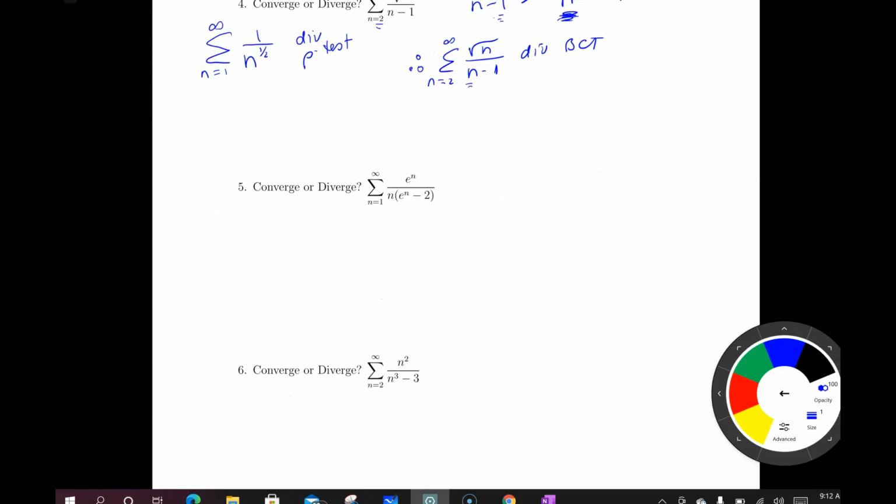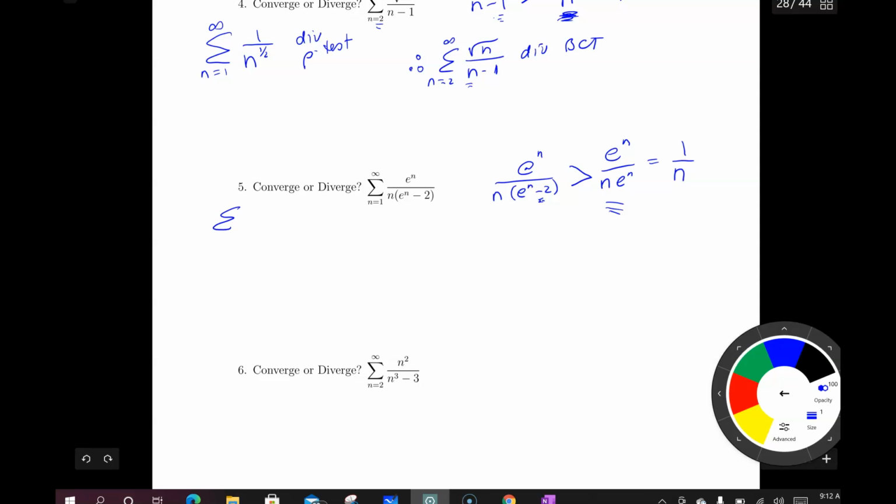Okay, this one again has one number, so I'm just going to rewrite the original problem, and then I'm going to rewrite it without the number, right? So I'm taking that away. So if this has subtract 2, this has more in the denominator, so there it is, smaller. I can cancel here, so the e to the n's cancel, so I just get 1 over n.